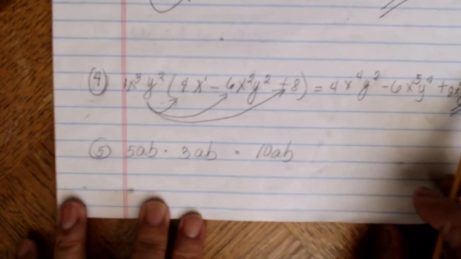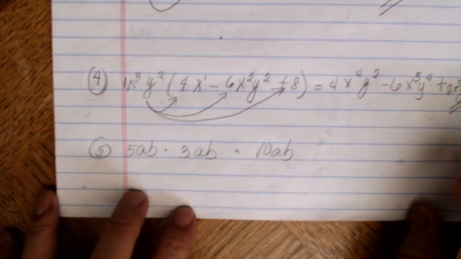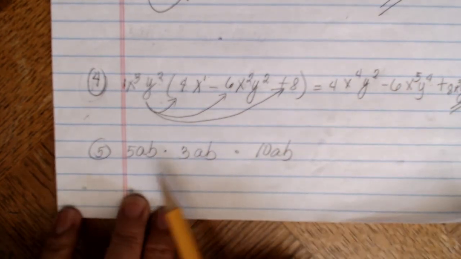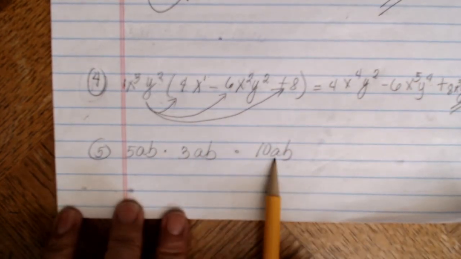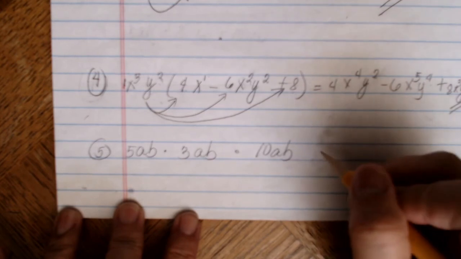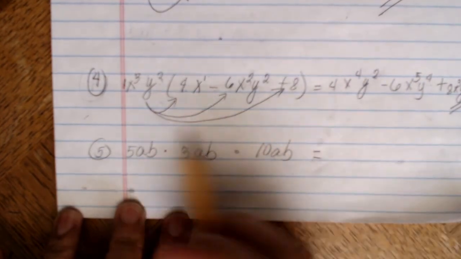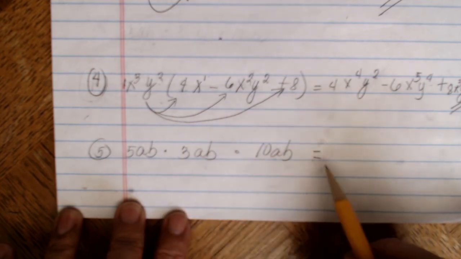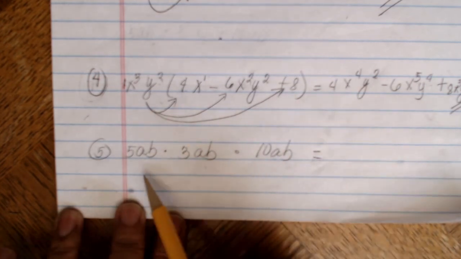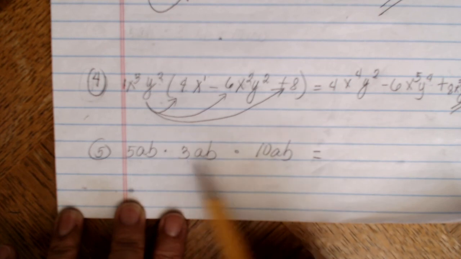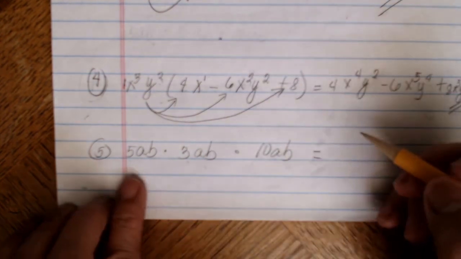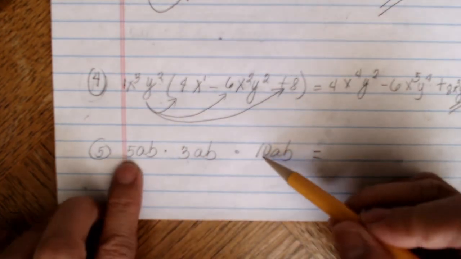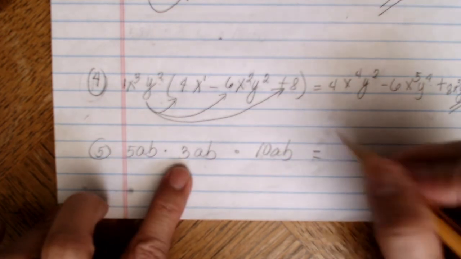And then the last one, monomial times monomial times monomial. This is just one term. So you're multiplying 3 monomials, you're going to get a monomial. So first multiply the coefficients, 5 times 3 times 10. That's very straightforward. Well, 5 times 10 is 50. 50 times 3 is 150.